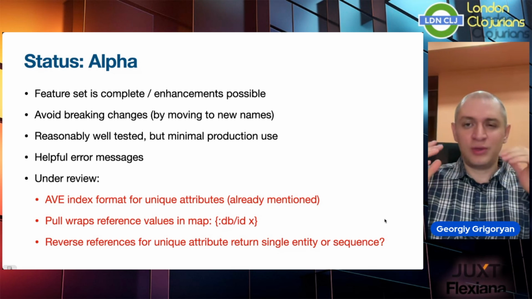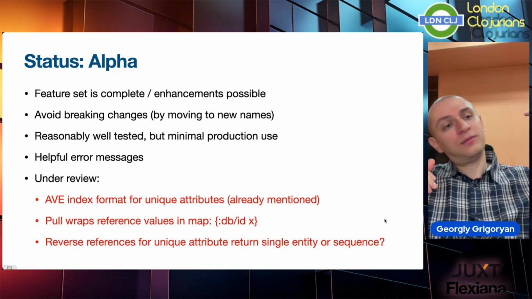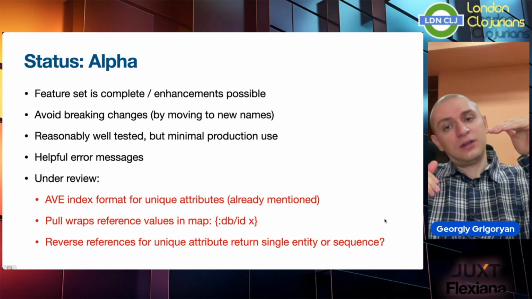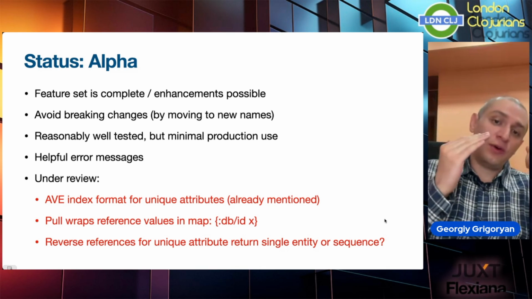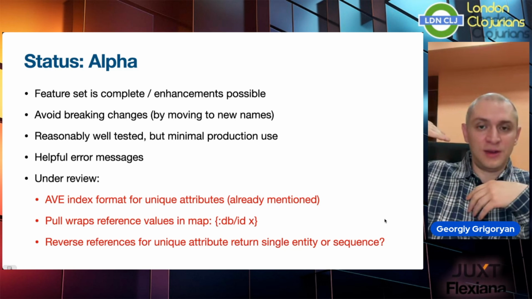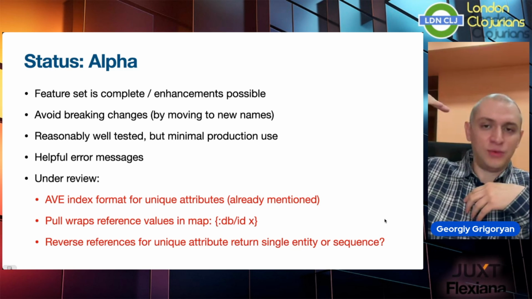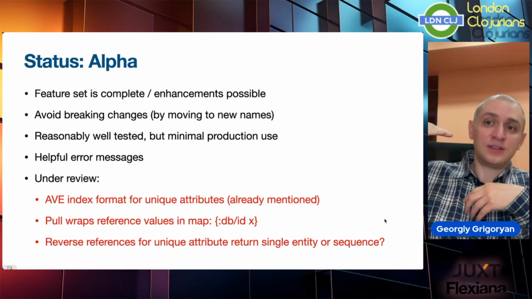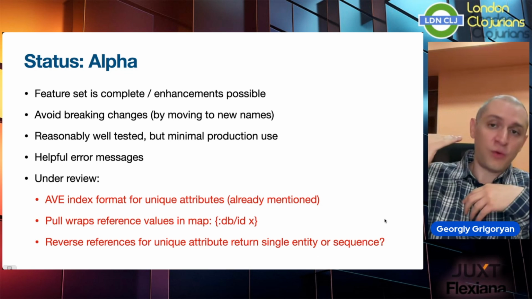So let me just zoom in a little bit. If you have a reference and you're navigating it in reverse, so you're seeing, okay, who points to this entity from this attribute? Even if this attribute is cardinality 1, there can be multiple entities that point here from that attribute.